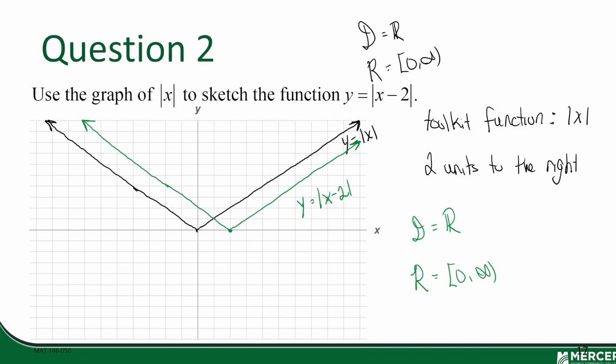We shifted 2 units to the right, which means what we did to the input values was take 2 units away from every single input value, which means both of your endpoints actually shifted as well, 2 units to the right. So it's -infinity plus 2 to infinity plus 2, which is still everything.